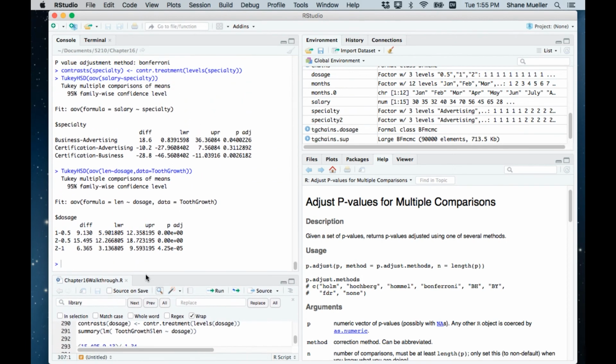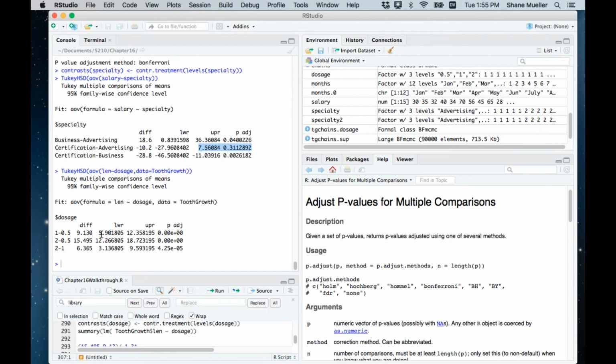These can be a little intimidating to look at, but it tells me, does business differ from advertising? Does certification differ from advertising? And does certification differ from business? So none of this relies on the contrast we did up front. This does post-hoc tests, which requires an adjusted p-value, and it tells me, oh yeah, these two differ, and these two differ, but these two do not differ.